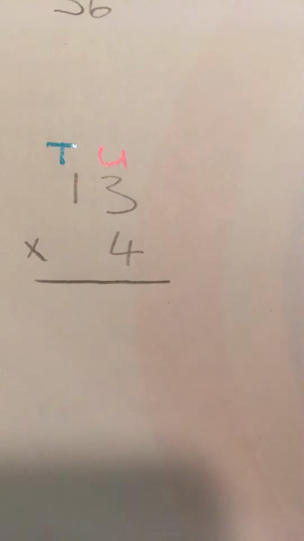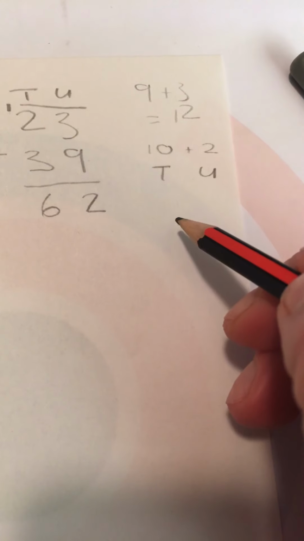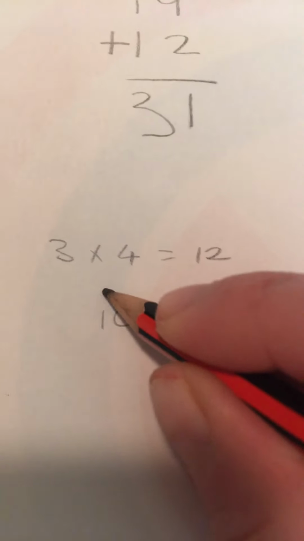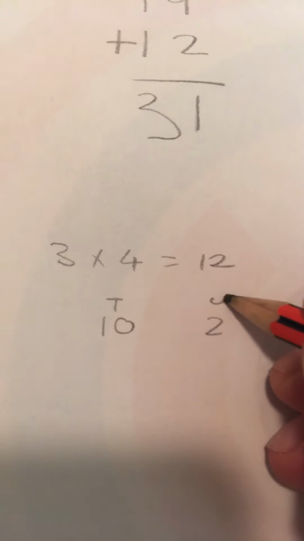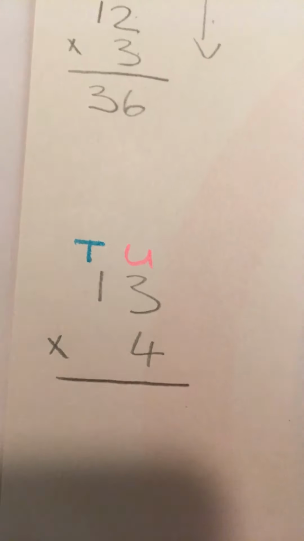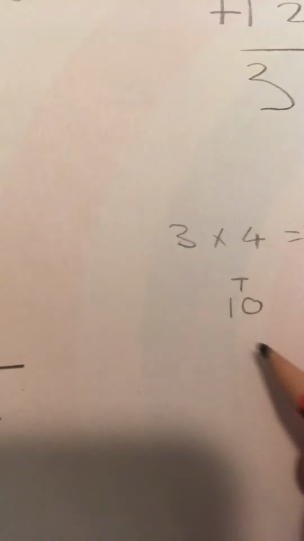3 times 4, that is 12. We know that 3 times 4 is 12, same as here, 9 plus 3 is 12. But we know that the 10 is a 10 and the 2 is a unit. So we can only put units in the units column. So the 2 goes there. Ta-da! But what about my 10?